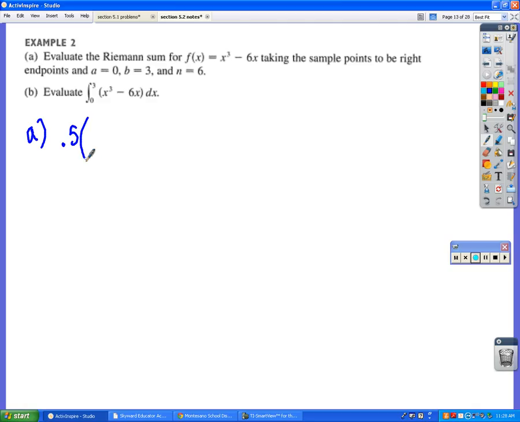Oh, okay. I thought you said y. And then if I'm going to have right endpoints, and each one has a width of 0.5, my first one is not going to be 0 because that's on the left, right?